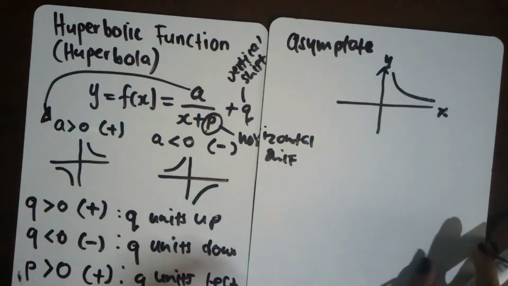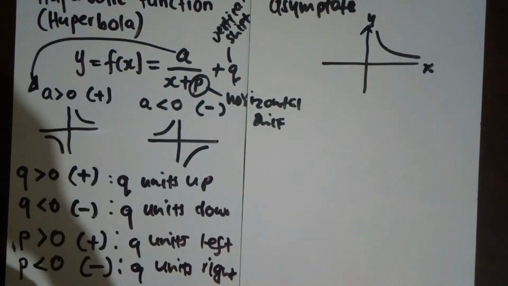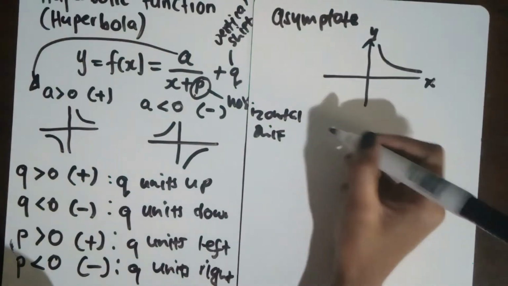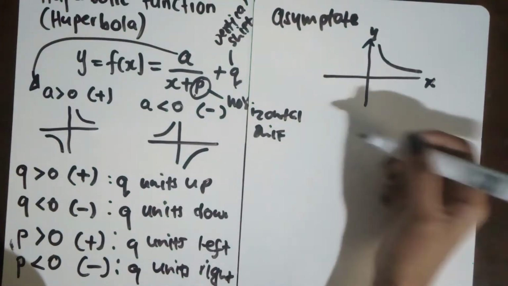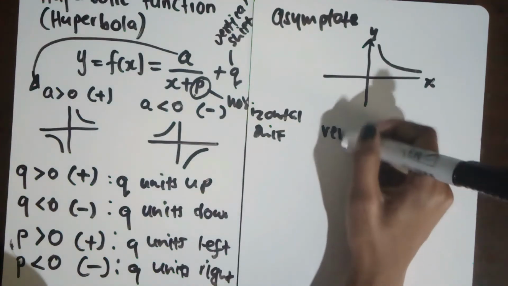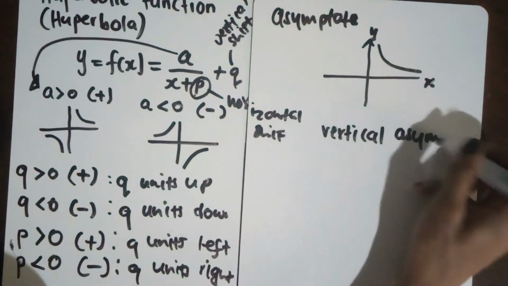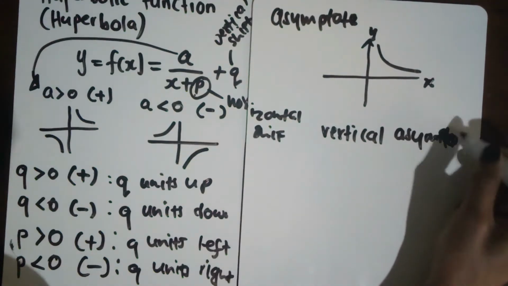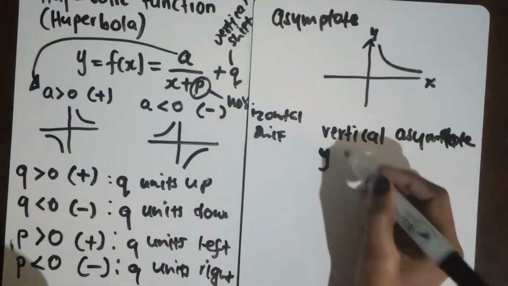And then how do we find the asymptote of a hyperbolic graph? You'll see why it is relevant to know the asymptote. In a hyperbolic function, we have both a horizontal asymptote, which is given by y equals q.